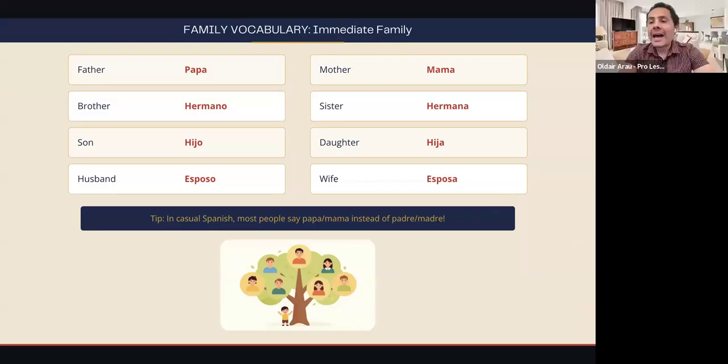Wife, esposa. As well, in Spanish, you can also say mother and father in a more formal way. For father, you can say padre. And for mother, you can say madre. However, in most scenarios, you'll hear people saying papá and mamá.